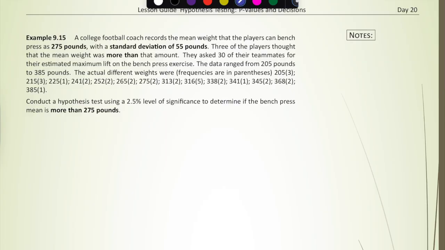The actual different weights were, and here are the frequencies. Okay, so there it all is. Conduct a hypothesis test using a 2.5% level of significance to determine if the bench press mean is in fact more than 275.